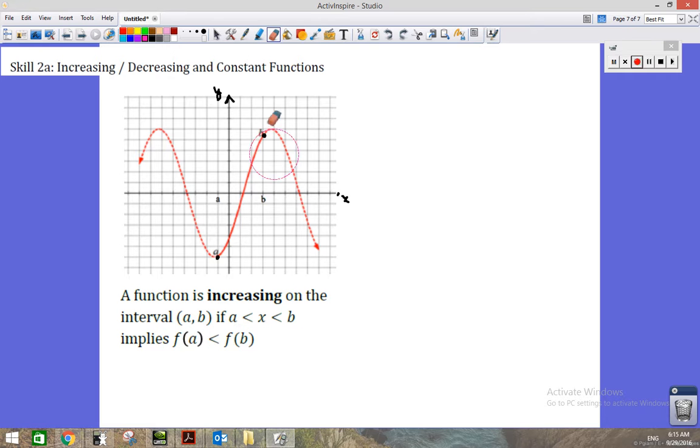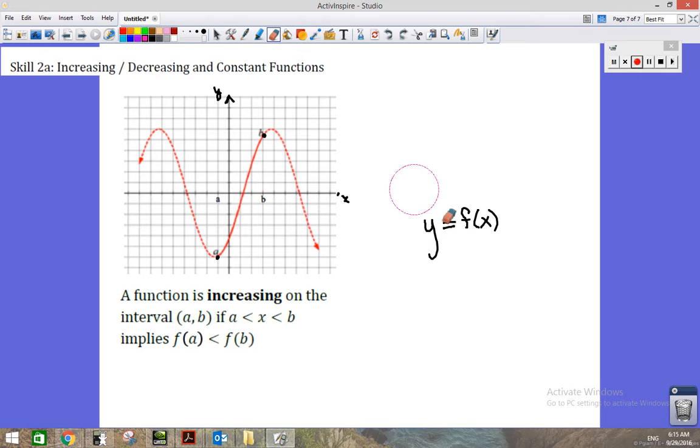Now, in the old days, when you took Algebra 1, you referred to the second number in an ordered pair as the y-coordinate. Now, instead of using y, we use function notation.